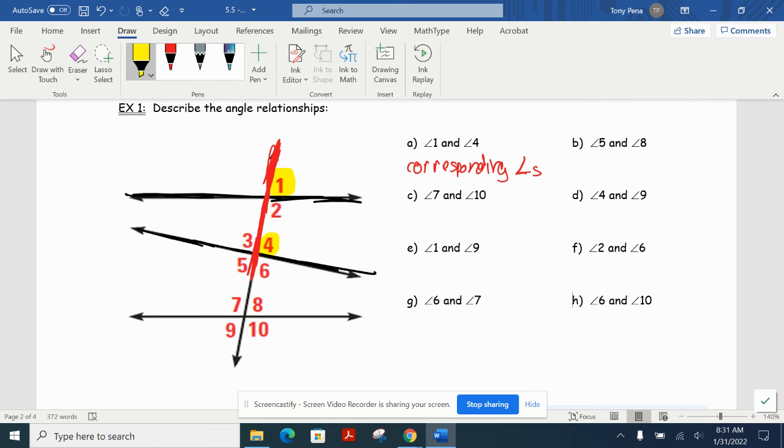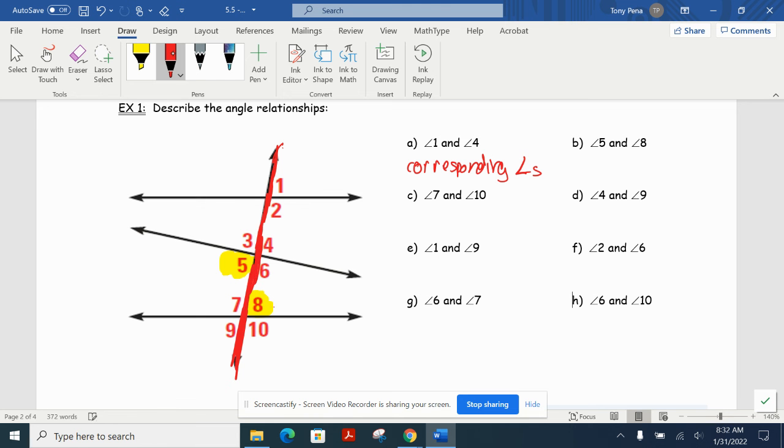Next one. I'm going to erase mine. If you now find angle 5, here's angle 5. Here is angle 8. So now we're really just worried about these two lines on the bottom. Again, here is your transversal. That isn't going to change. This is the transversal for all of these. So now angle 5.